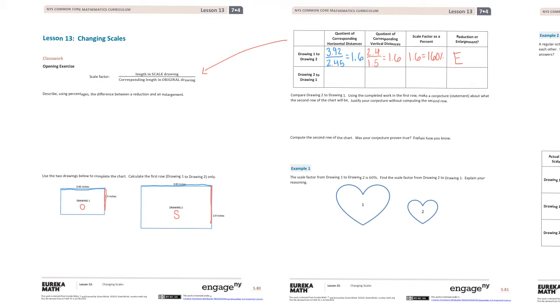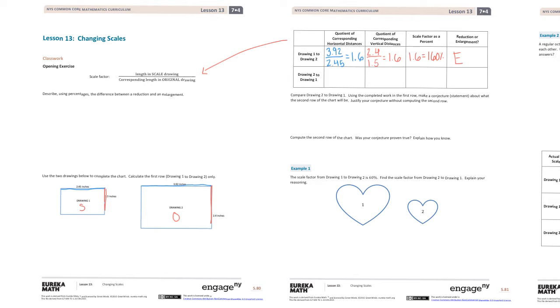Okay. All right. Now, it wants us to do the opposite. It wants us to go from drawing 2 to drawing 1. So I'm going to go ahead and erase this. And again, I'm going to put here that this is now our original and that this is our scale drawing. So let's use the quotient of the corresponding horizontal differences.